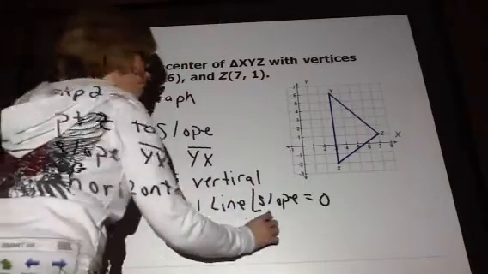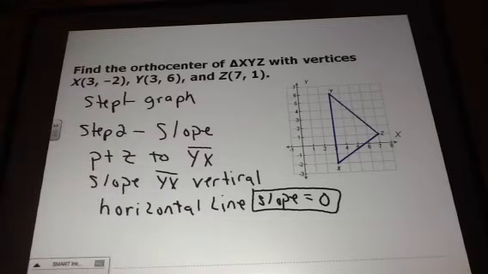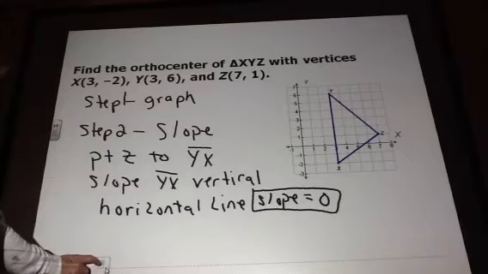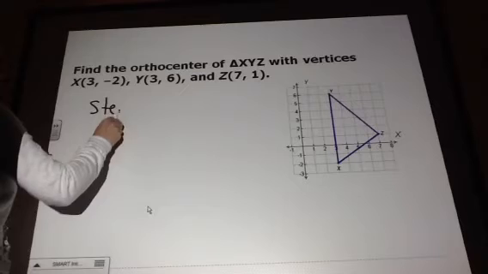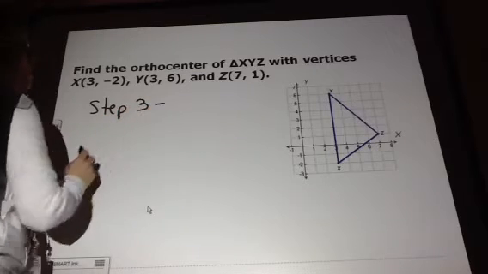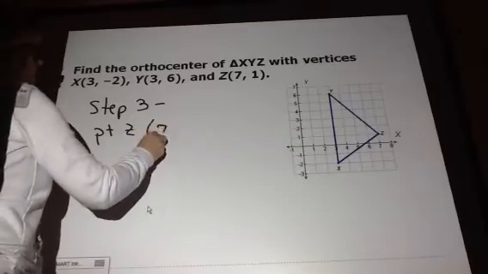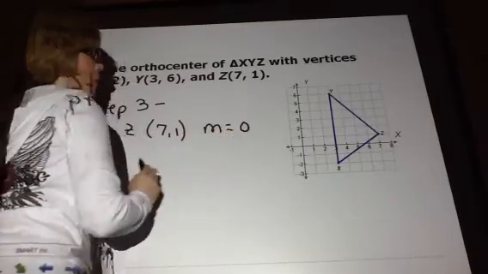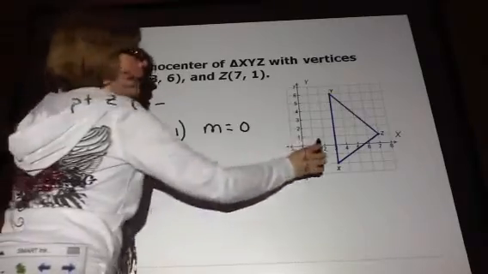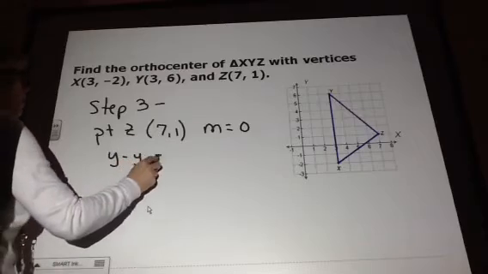So we have the slope of the line that contains point Z and is perpendicular to YX. So let's go to step 3. Step 3 is we're going to use point Z, which is (7, 1), and slope 0, because that's the slope of the line perpendicular to YX, and we're going to substitute into our point-slope form.